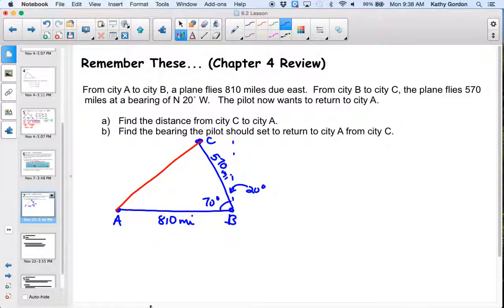So this time we'd be going side B squared equals 810 squared plus 570 squared minus 2 times 810 times 570 times the cosine of 70 degrees.